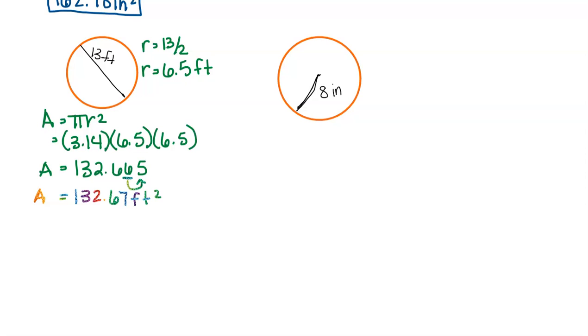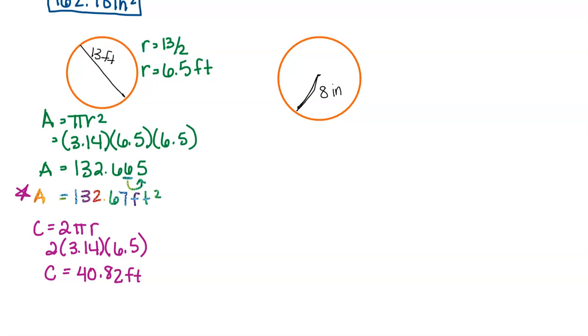For the circumference, with 2 pi r, 2 times 3.14 times 6.5, our circumference is 40.82 feet.